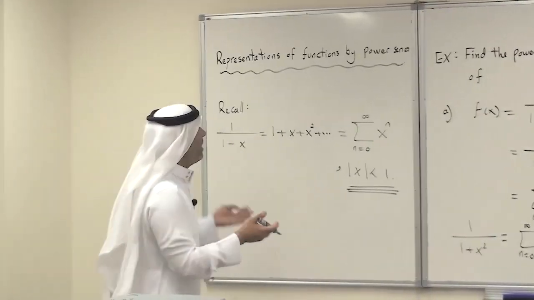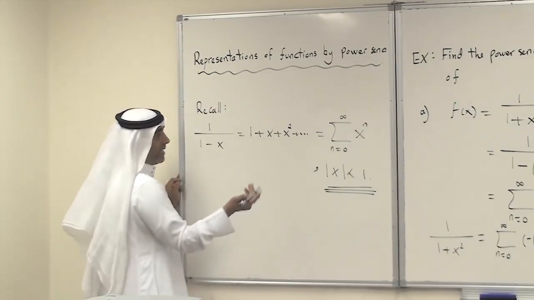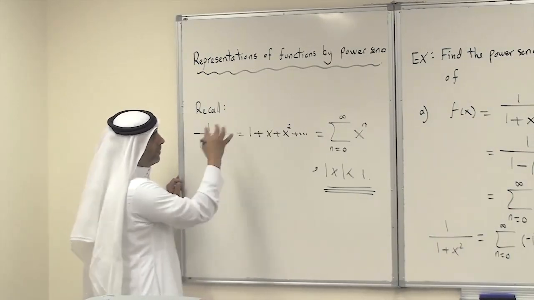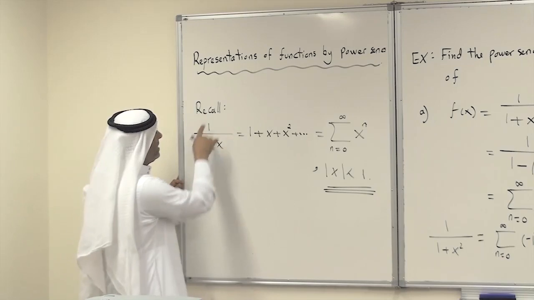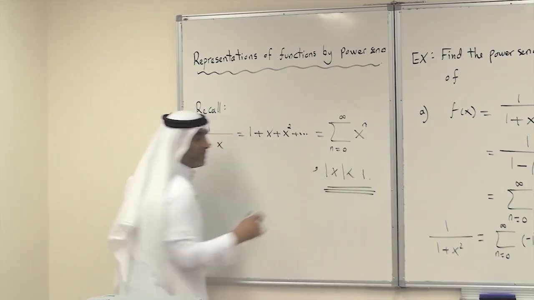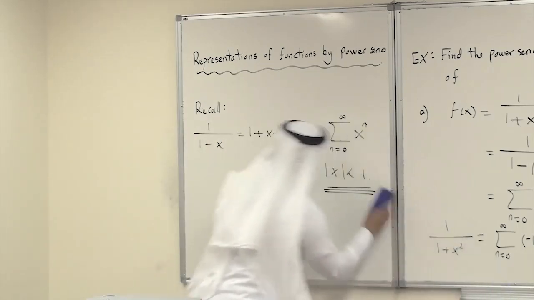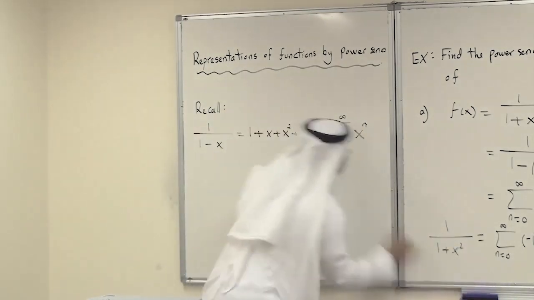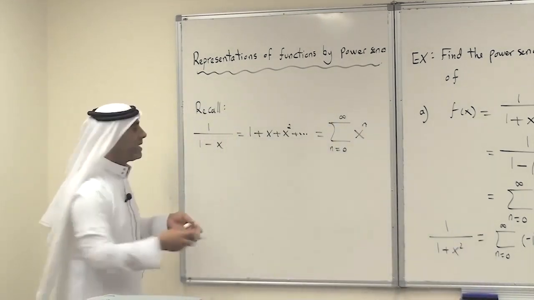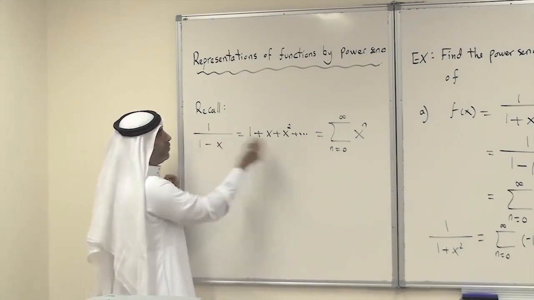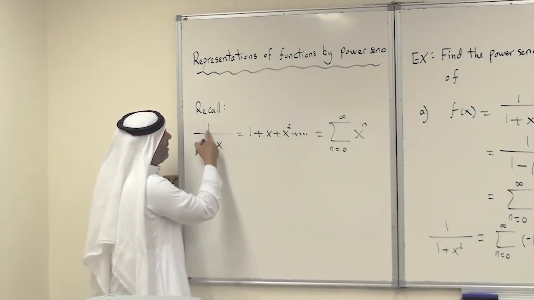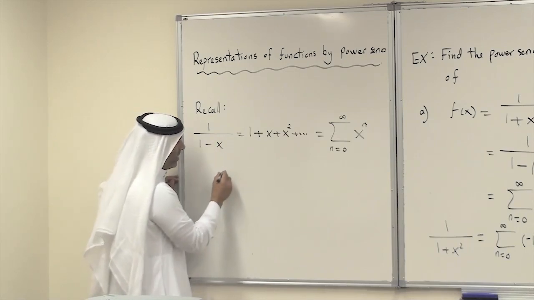Otherwise, we may have something that has no meaning. For example, if you go back to the basic point, it says this is true only if the absolute value of x is less than 1. Otherwise, if someone by mistake missed writing this, so it seems that this is always true, maybe someone will substitute 2, for example, in both sides. So he will get here 1 over 1 minus 2, that is minus 1.